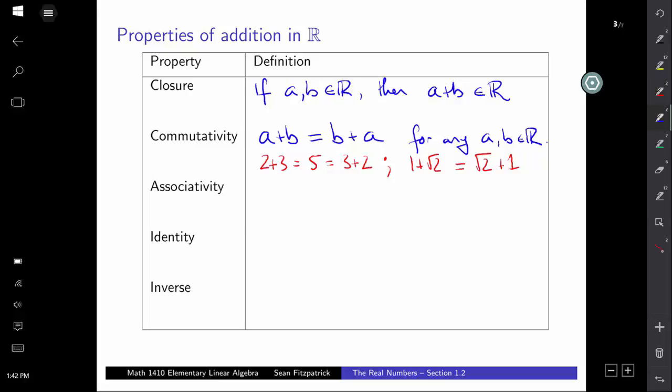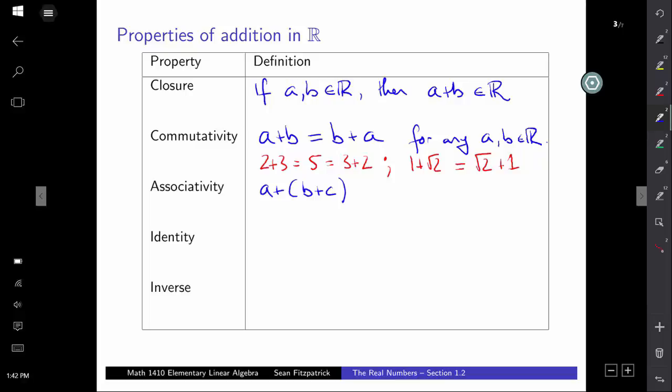Now, associativity is what lets you take addition, which is something that takes two numbers and combines them to give you a third number. But what happens if you want to add three or more numbers? Well, you need to extend this operation to larger sums, and associativity is what allows you to do that, because associativity tells you that if you want to add, say, three numbers together, one way to do it might be to add the second and third numbers, add b plus c.